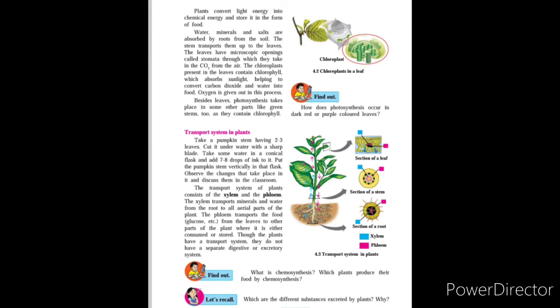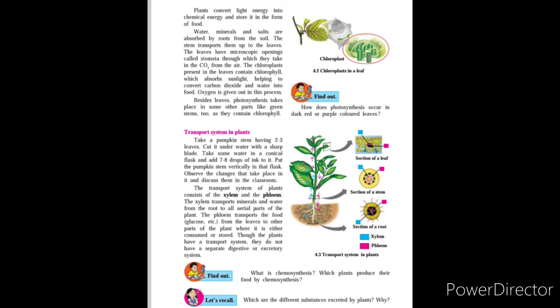They are very small microscopic openings, open spaces, called stomata. What is the stomata's work? Stomata take CO2, carbon dioxide, from the air. These microscopic openings on the leaf are called stomata.